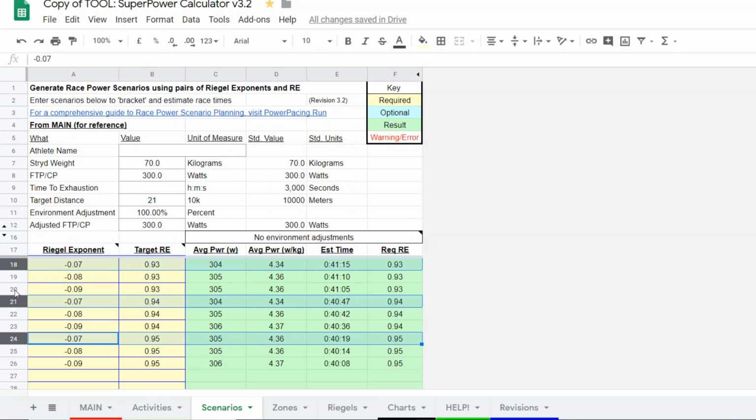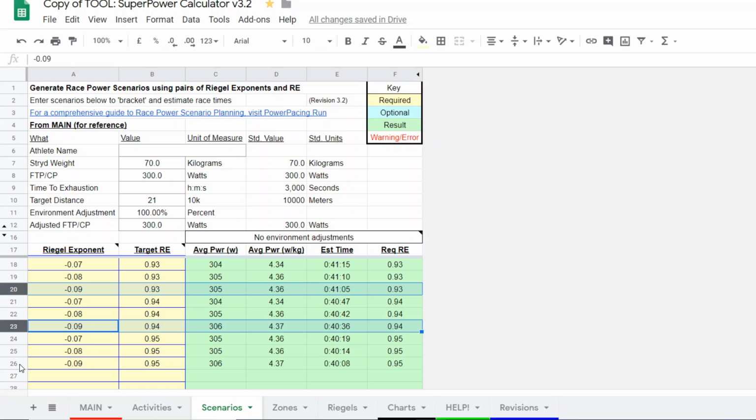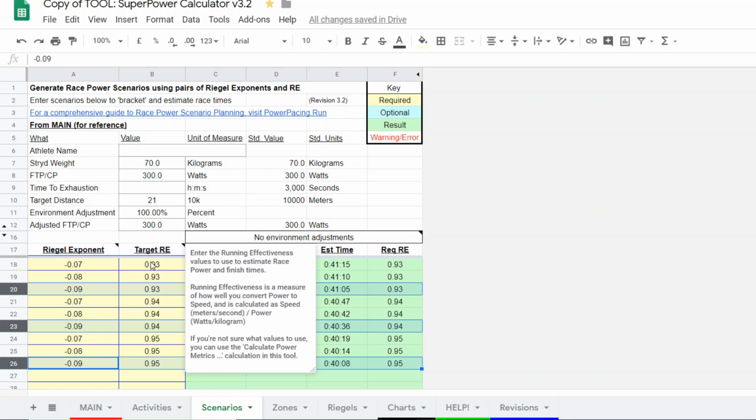Or let's say we go to a little bit longer duration because the Riegel exponent's longer, 305, 306, 306. All right? So the effect of the running effectiveness is pretty small. It's smaller than the effect of the Riegel exponent. We're going to see that in the next set of examples. But just remember that effect on power.